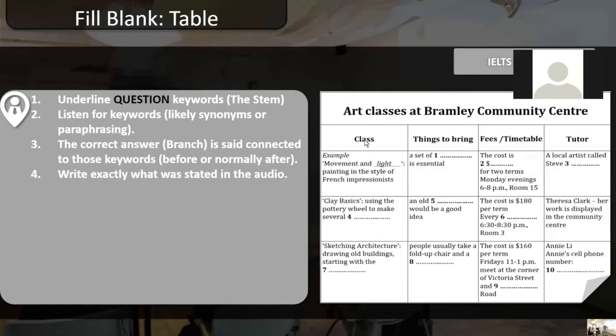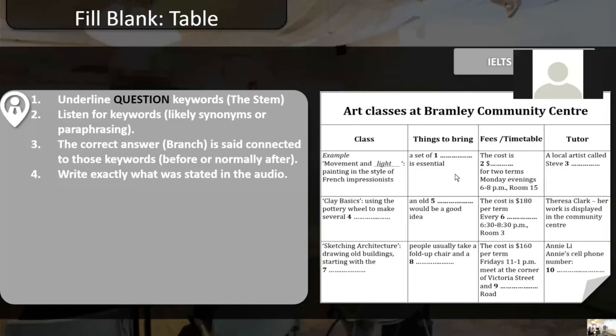They may say the word class the first time, but after that they probably won't say it again. But it starts here. Then they go to this box, then the next box, then the next box. And so you're paying attention to what's in the heading of the table so that you know which box you're in at the time. But it goes in order, right?